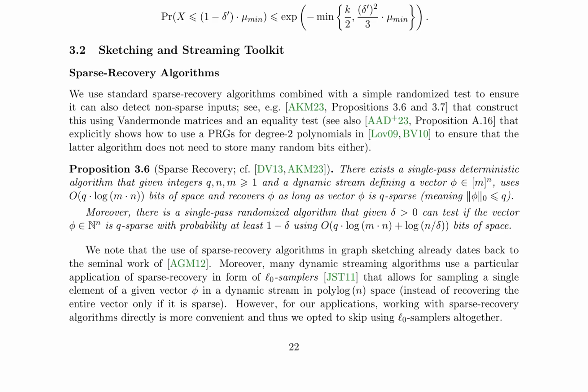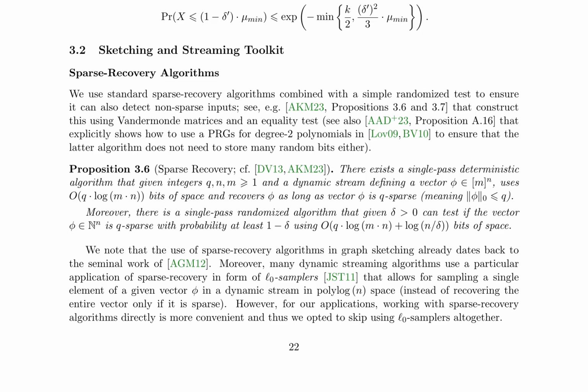We also discuss sparse recovery algorithms, which are used in our sketching and streaming toolkit. Proposition 3.6 states that there exists a single-pass deterministic algorithm that can recover a q-sparse vector φ ∈ [m]^n using O(q log mn) bits of space.